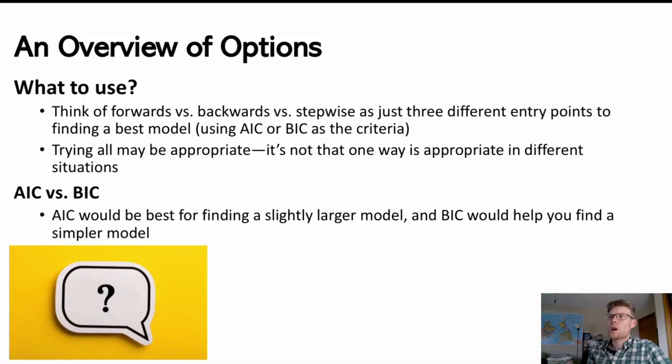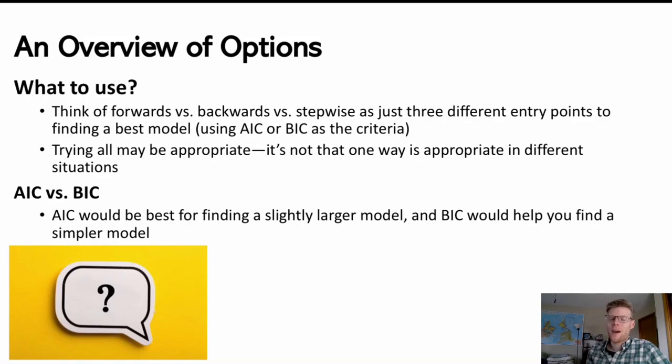Now, the book also talks about an exhaustive search, which is a way to look at every possible combination. I'm not going to directly talk about it because I think that it's not always necessary. You can do it, but it's a little bit intensive to do it that way.